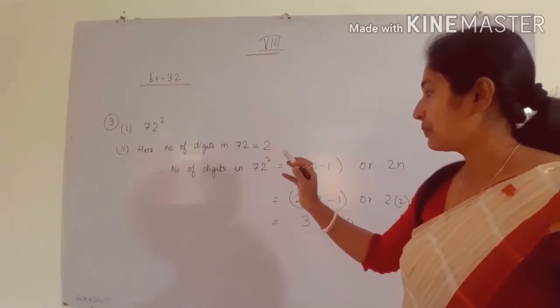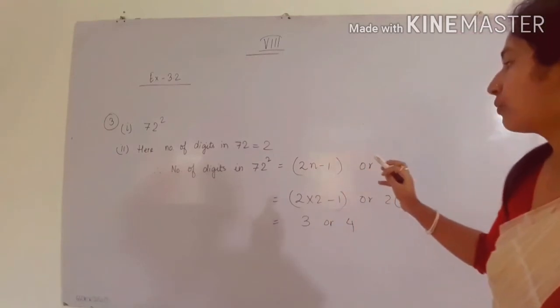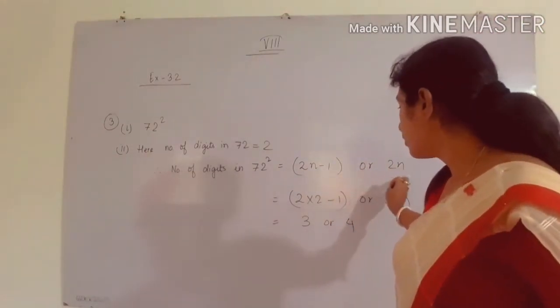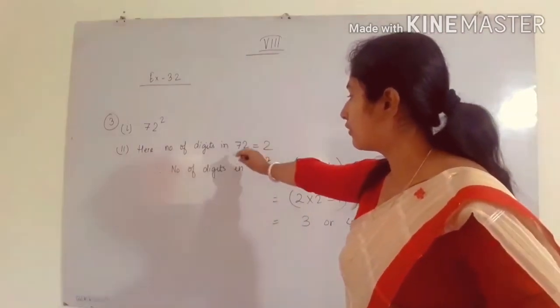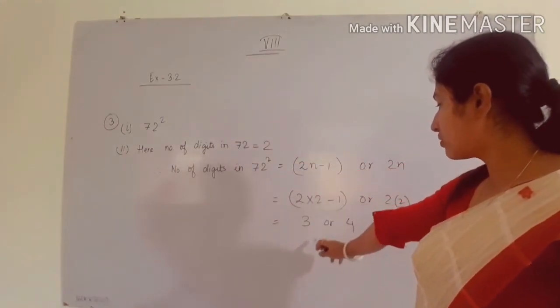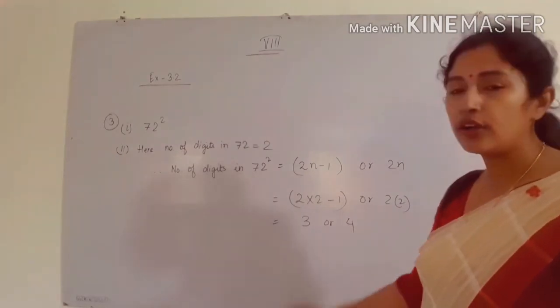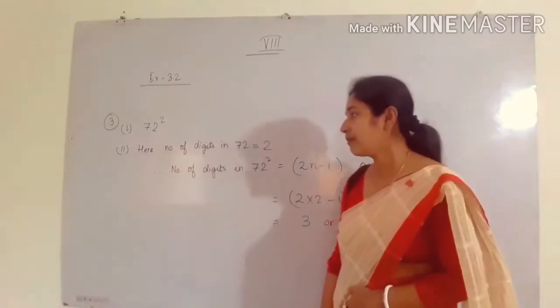So therefore, number of digits in 72 square: we have the formula from property 5, that is 2n minus 1, or 2n. So in place of n you have to put the total number of digits. We have 2 digits, so in place of n you have to put 2. So 2 times 2 minus 1 will be 3, and 2n is 4.